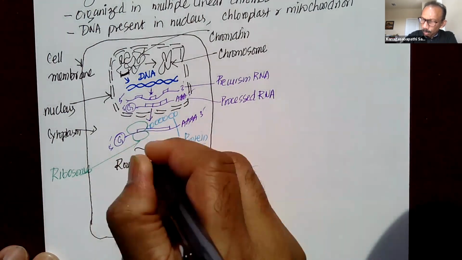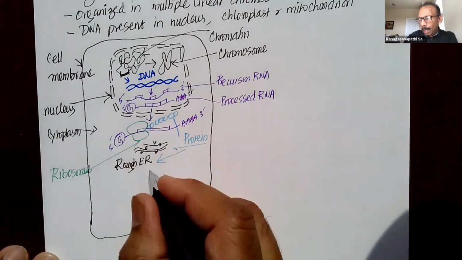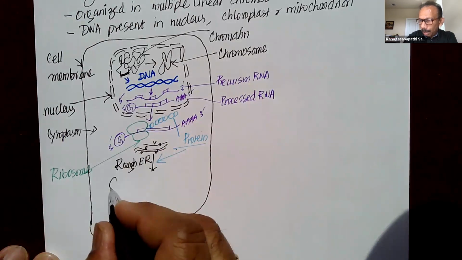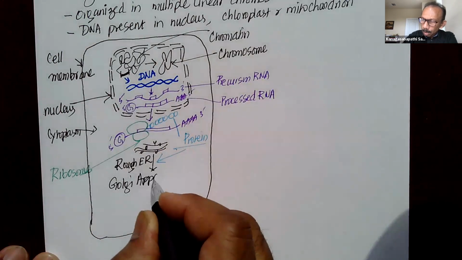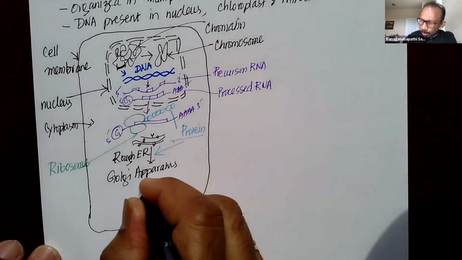So if you look at that, it has the ribosomes attached to that. And then from rough endoplasmic reticulum, it can go to Golgi apparatus. So that is like the disc-like structures.